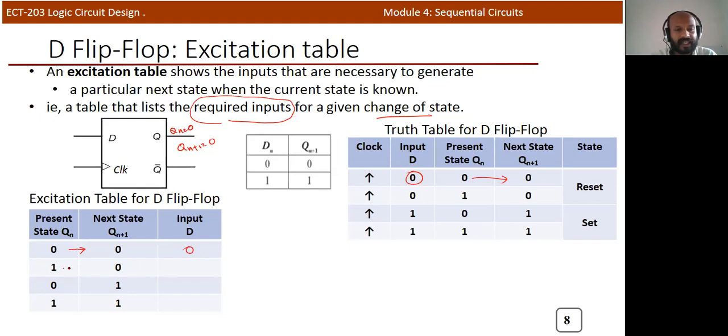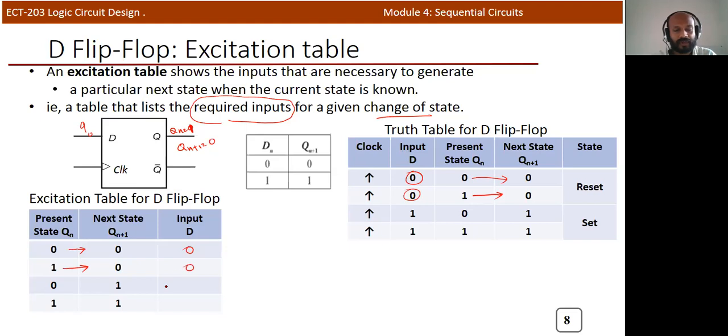Next one, the present state is 1 and the next state is 0, that is Qn is equal to 1 and Qn plus 1 changes to 0. What should be the D input? We can check here: present state 1 and next state 0, so the D input should be 0.